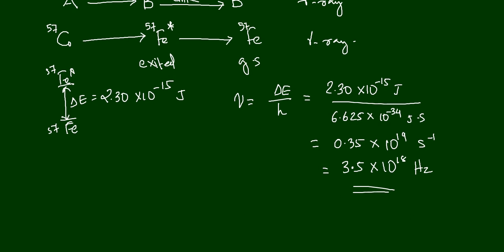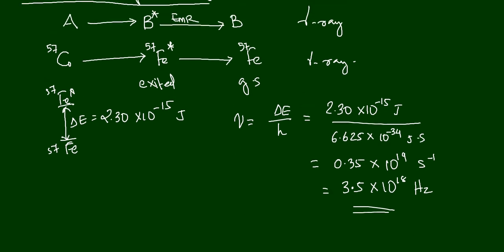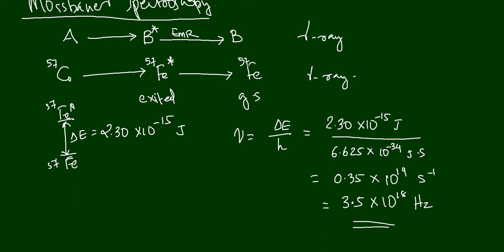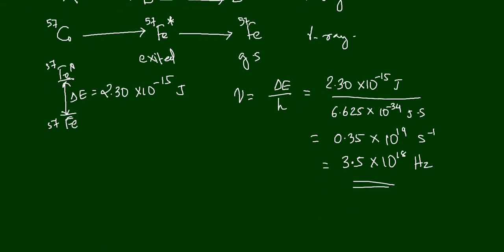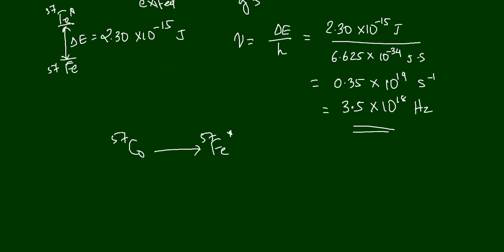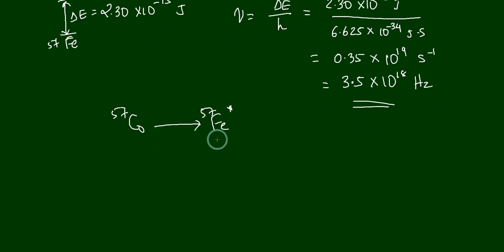Now if we place an iron nucleus in the way of this gamma ray radiation, for example, cobalt 57 is disintegrated to Fe57 star, and this then comes back to the ground state, Fe57.